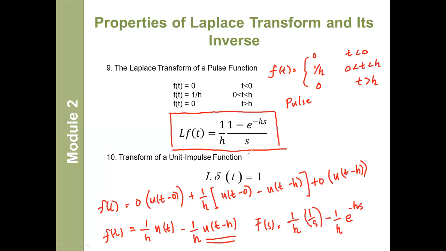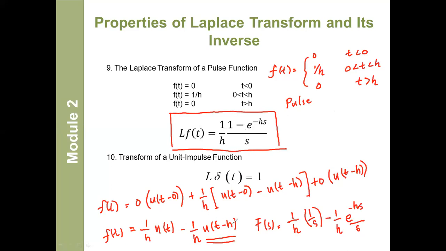Okay. Do you get it? So you just factored out the 1 over h, and then you have here, by the way, I forgot to place here the s. Automatic, class, this is the Laplace transform of your u of t minus h, and e raised to negative hs.